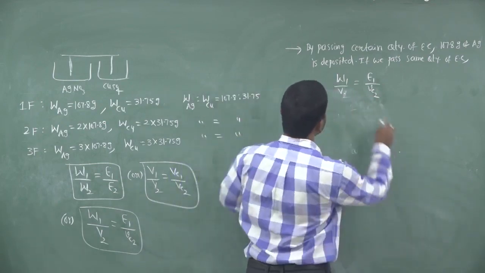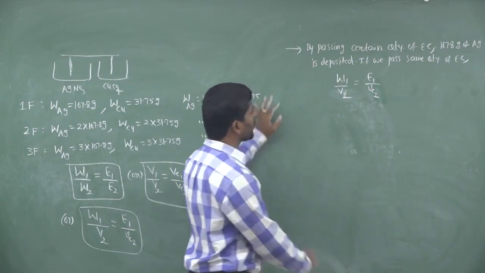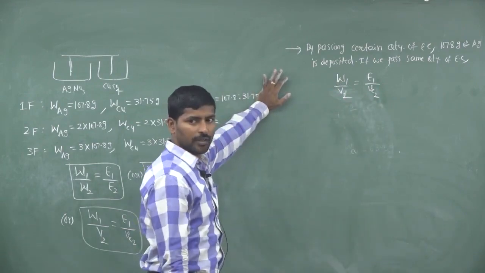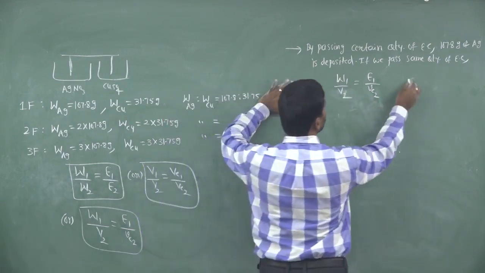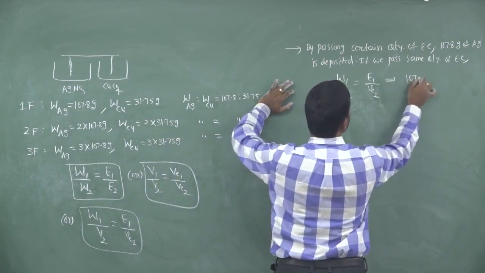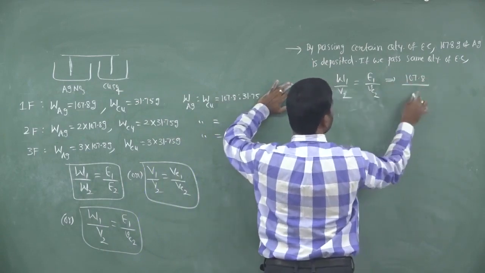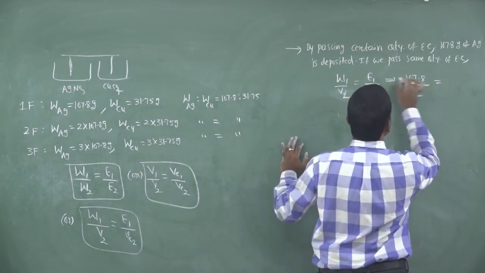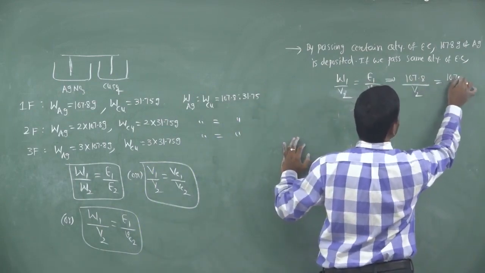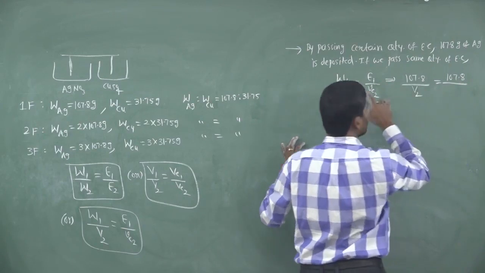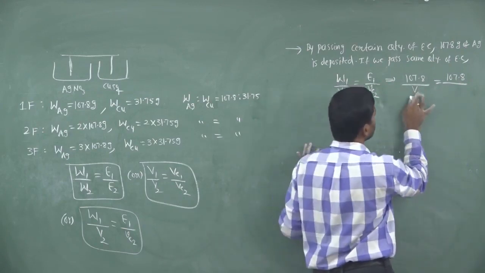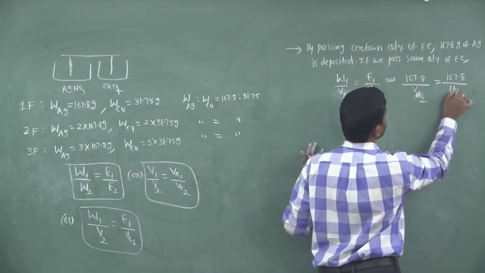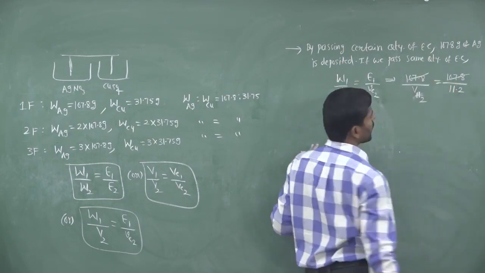So W1 by V2 is equal to E1 by the equivalent volume of the second compound. What is the weight of silver deposited? 107.8, by V2, which we want to calculate, the volume of hydrogen gas evolved. What is the equivalent weight of silver? 107.8. What is the equivalent volume of hydrogen gas? 11.2, under STP conditions.